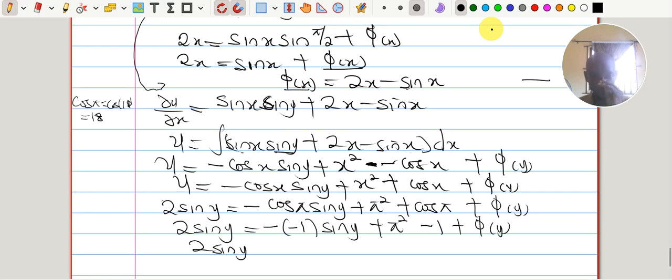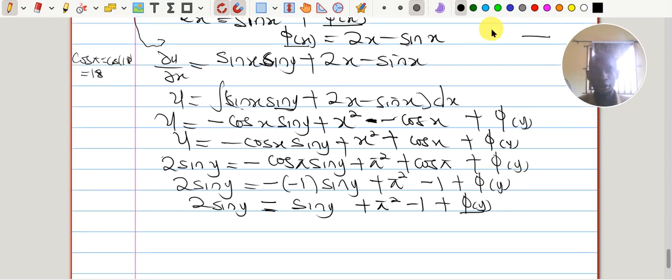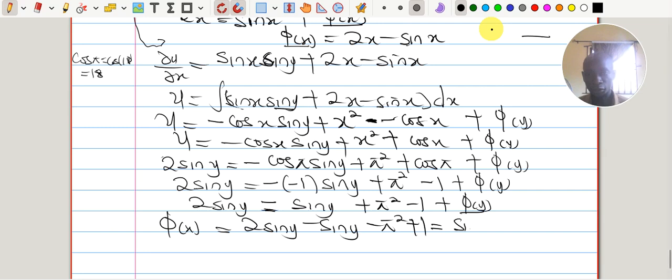Now let me make this the subject of the formula. We are going to have phi of y equal to 2 sine y minus sine y minus pi squared plus 1. That is, 2 sine y minus sine y gives sine y minus pi squared plus 1.